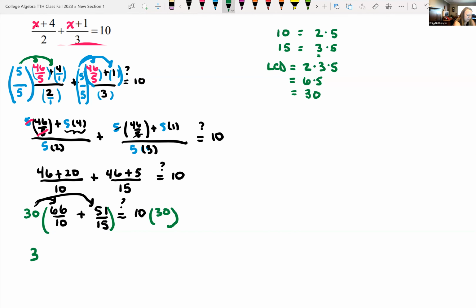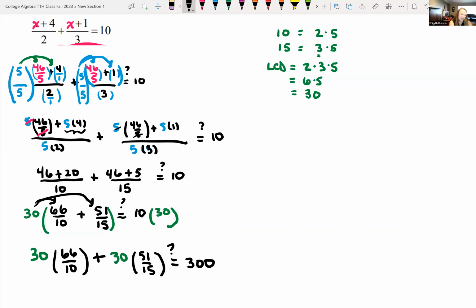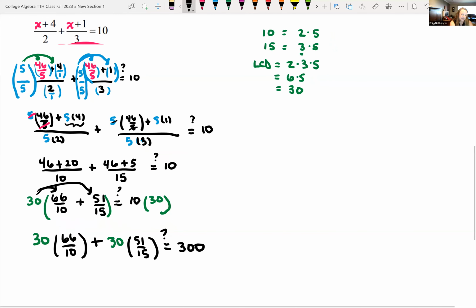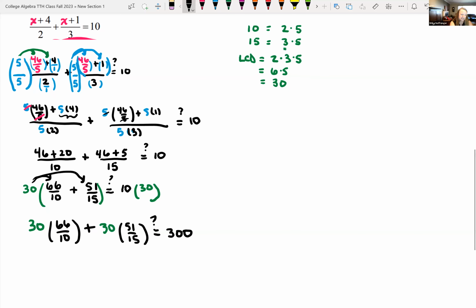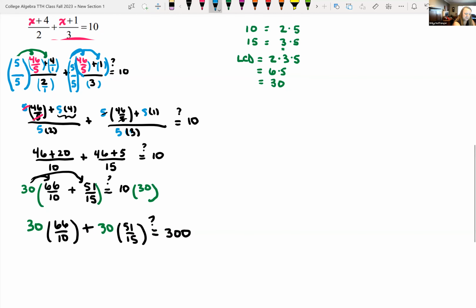So we're given 30 times 66 over 10 plus 30 times 51 over 15 is equal to 10 times 30, so that's 300. Now that I multiply both sides by my LCD, the denominators are going to be able to cancel out.